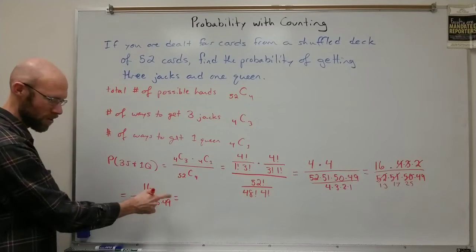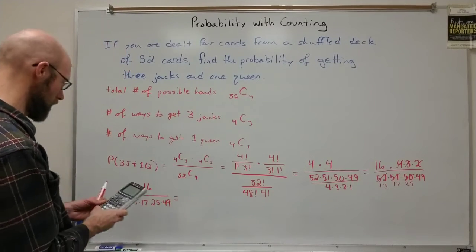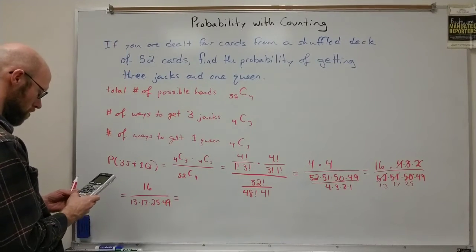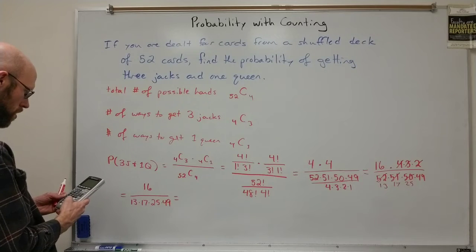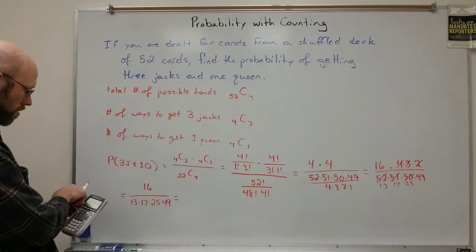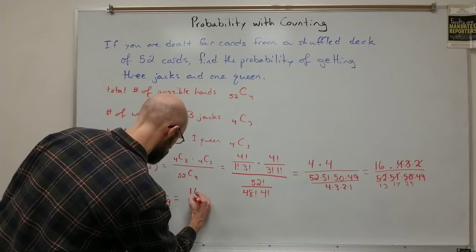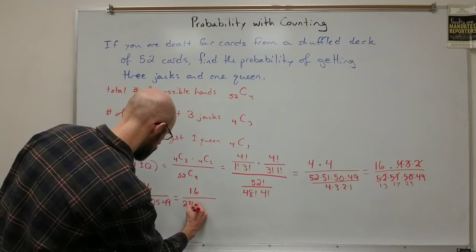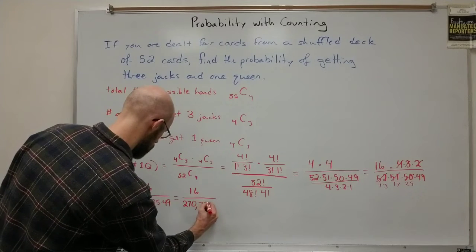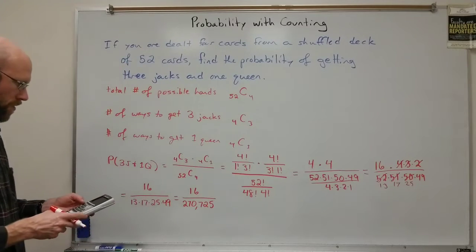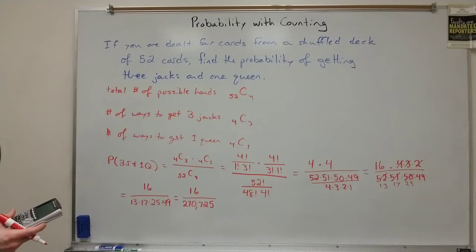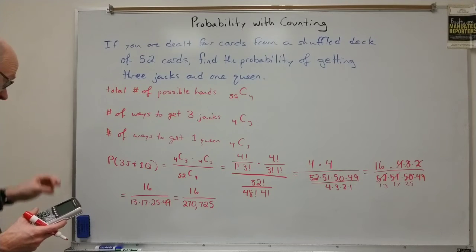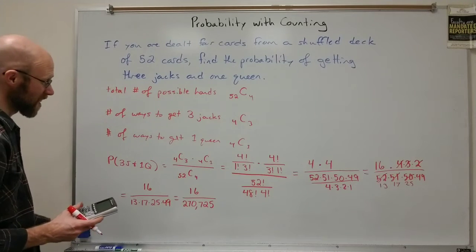And so I just got to calculate that, whatever that denominator is, 13 times 17 times 25 times 49, which is a big number. So it's 16 out of 270,725. Yeah, that sounds about right.